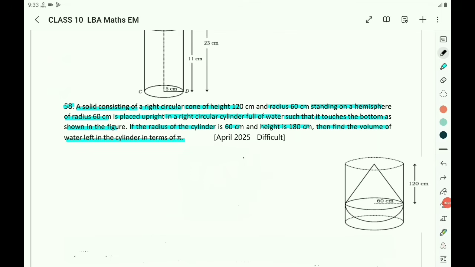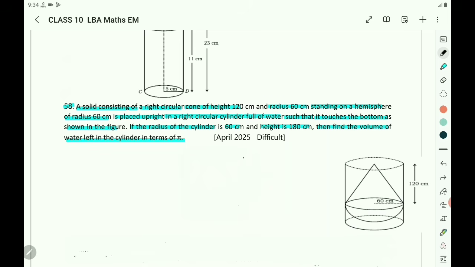Here you observe the figure. A solid consisting of right circular cone. Here is a cone, and that cone is on the hemisphere.